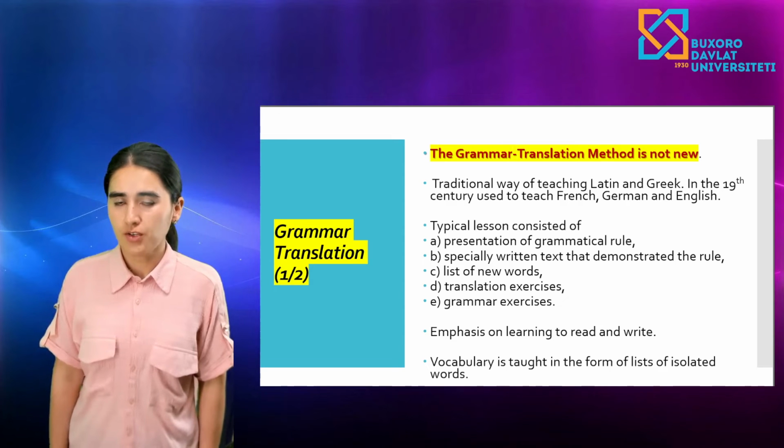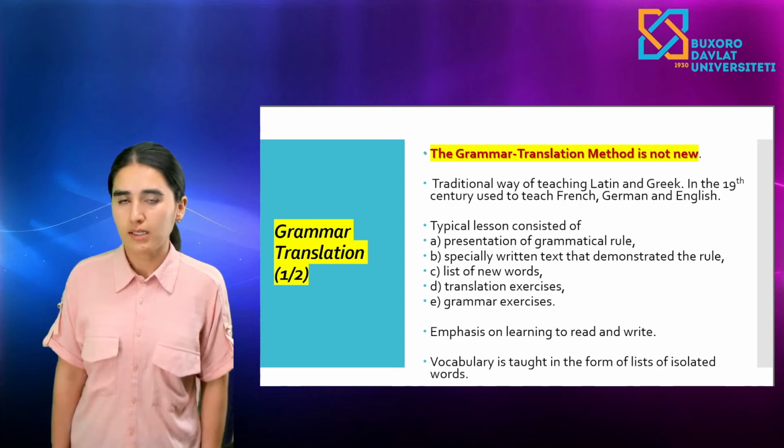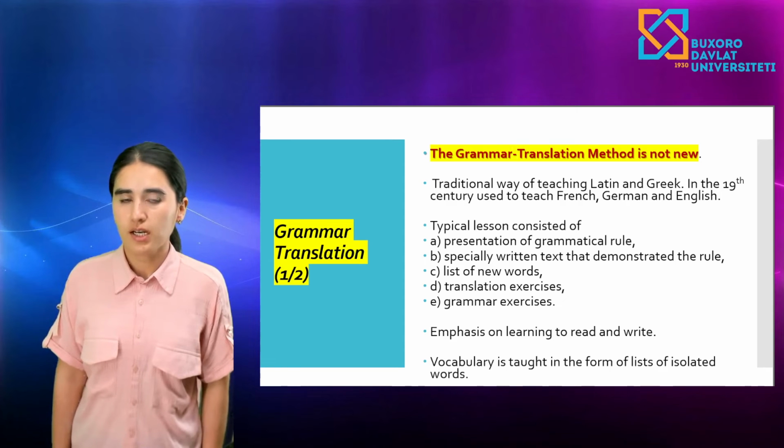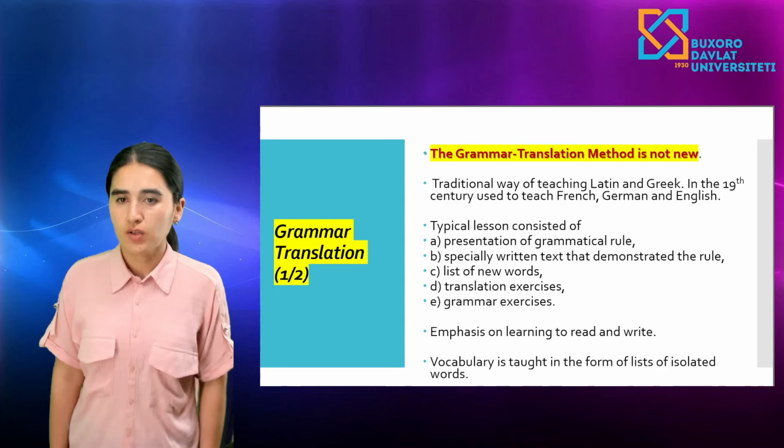It is a traditional way of teaching, derived from Latin and Greek ways of language teaching, and in the 19th century it was used to teach French, German, and English.